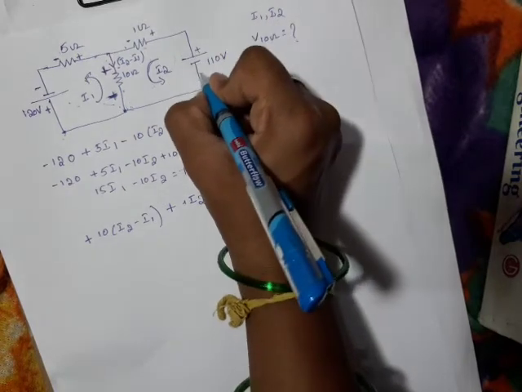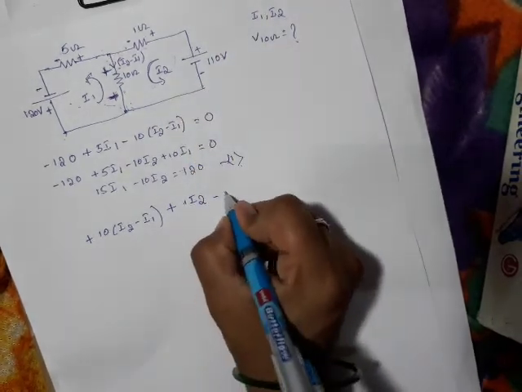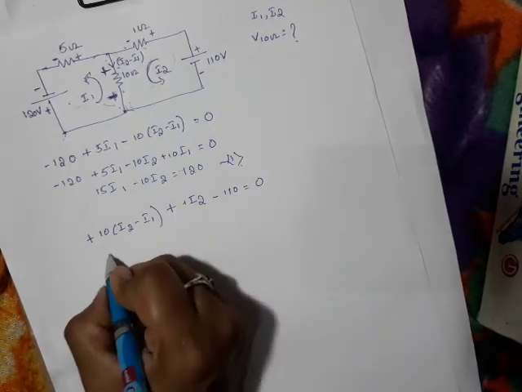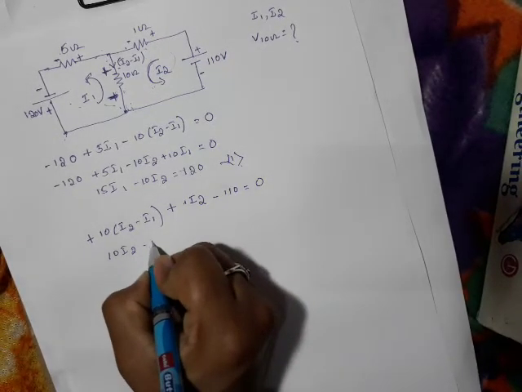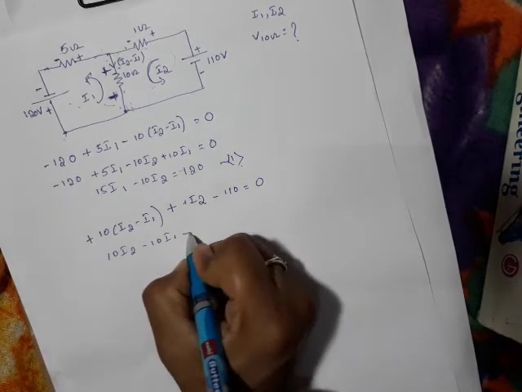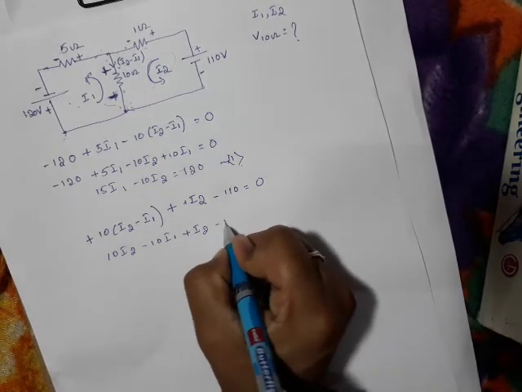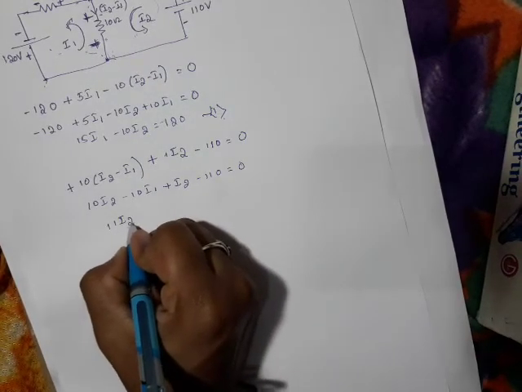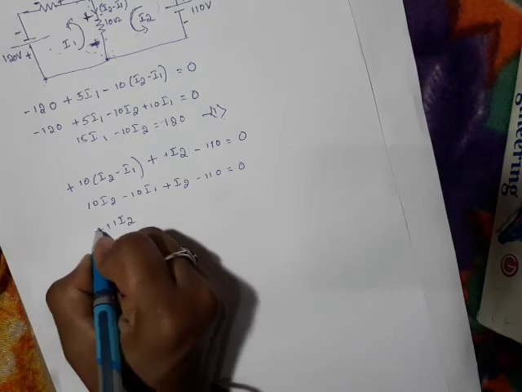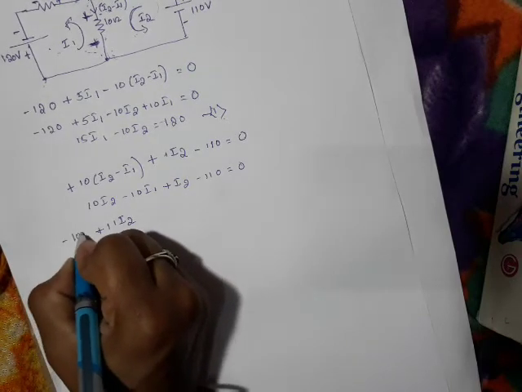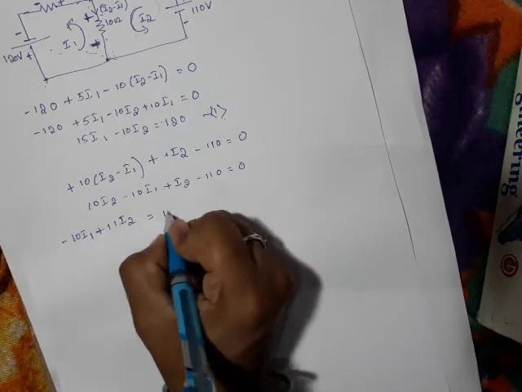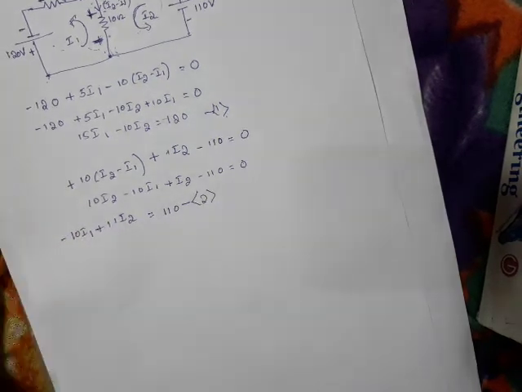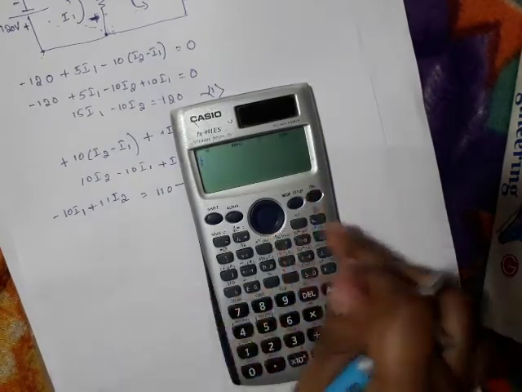Falling down, this is plus, this is minus, falling potential, minus 110 volts is equal to 0. So 10 I2 minus 10 I1 plus I2 minus 110 is equal to 0. This will be 11 I2 minus 10 I1 is equal to 110 volts. This is equation 2.